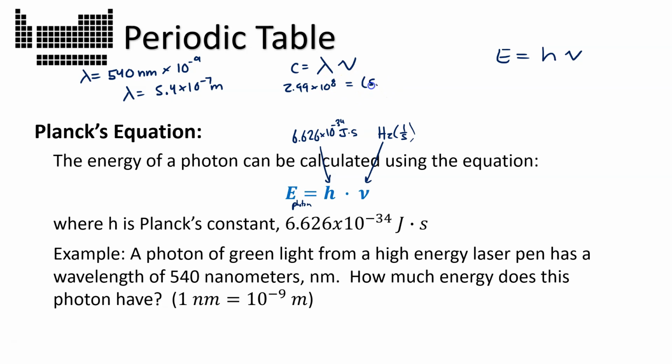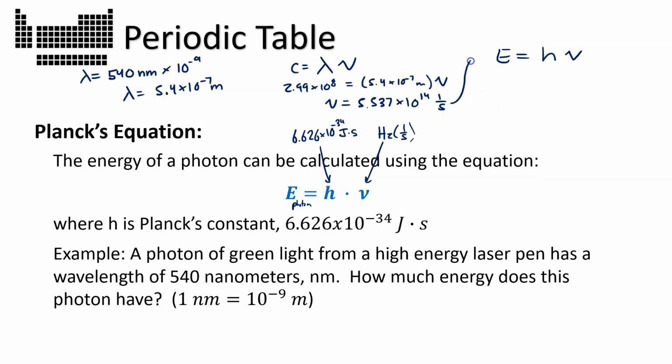The wavelength, now I know, I can plug in, is 5.4 times 10 to the negative 7th meters, solving for the frequency. If you do that algebra to solve for the frequency, you get 5.537 times 10 to the 14th. That's dividing the 2.99 times 10 to the 8th by 5.4 times 10 to the negative 7th.